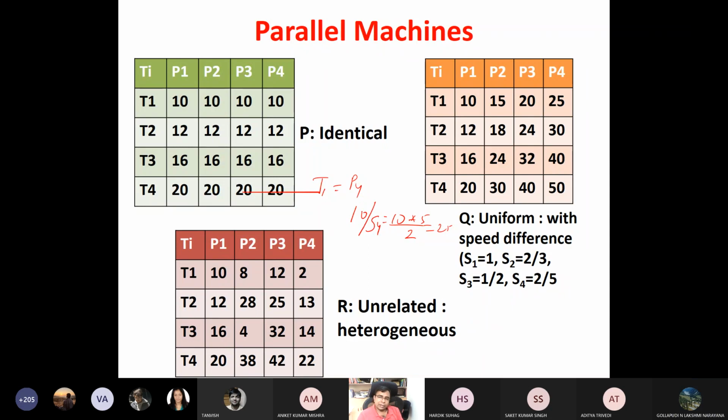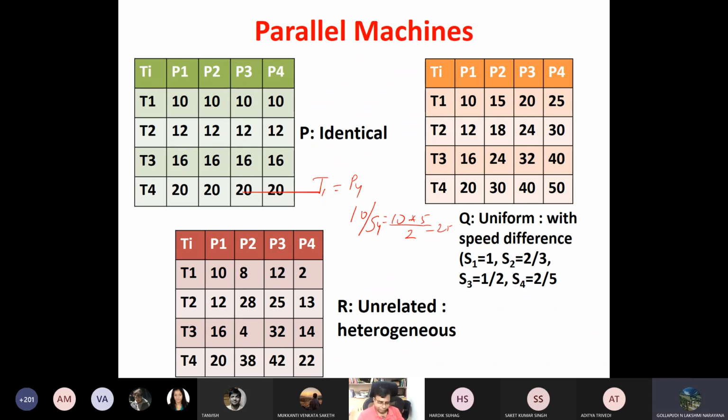Whenever you define any problem, you specify what kind of machines you want. Q stands for uniform machines, and uniform machine means identical with speed difference. Mathematically, we define this nomenclature; this is how we divide the classes of machines.